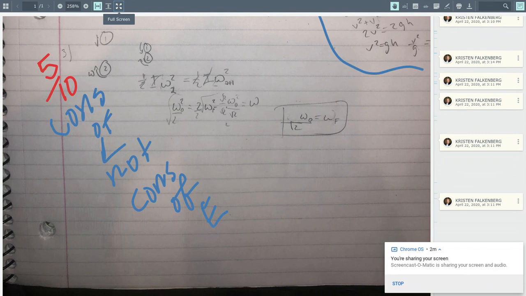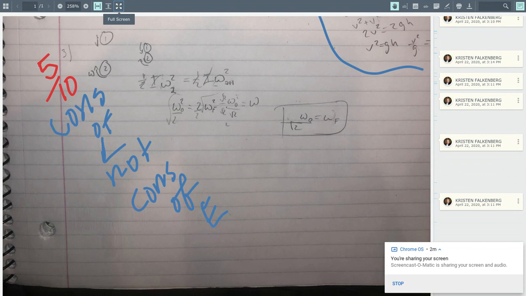Conservation of energy could be associated with this initial and final, but we talked more of, you've got something rotating and you're changing the mass of the object itself. Conservation of energy is about one object rotating and rolling, so it would have translational and rotational kinetic energy.